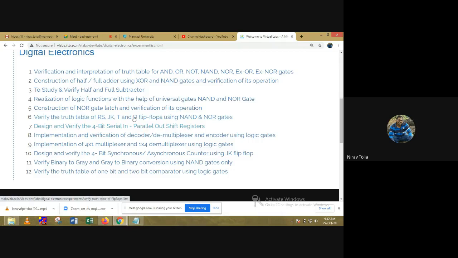After this, today we have to perform experiment number 6, which is to verify the truth table of RS, JK, T and D flip-flops using NAND gate and NOR gate.